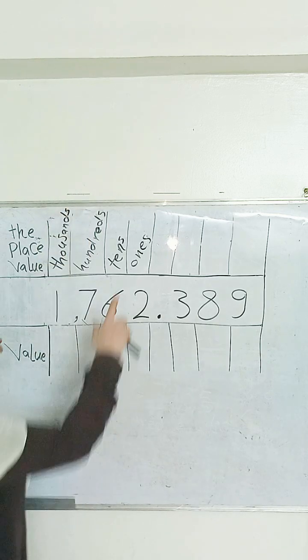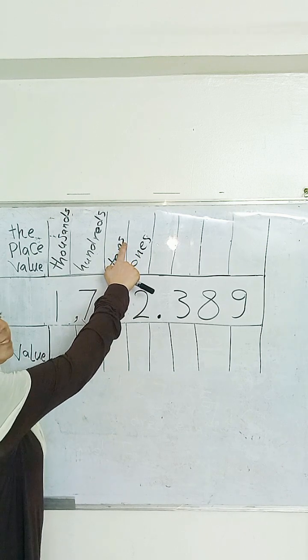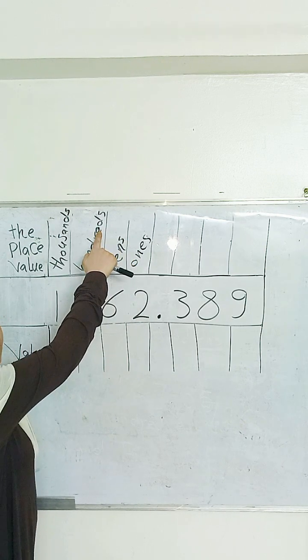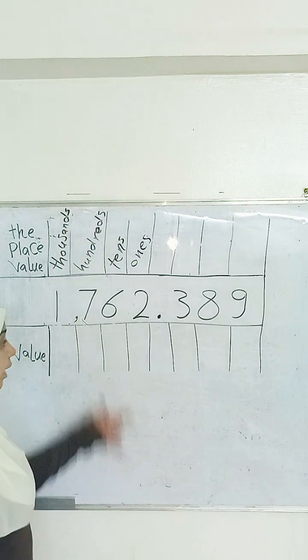So again: ones, tens, hundreds, thousands, okay?